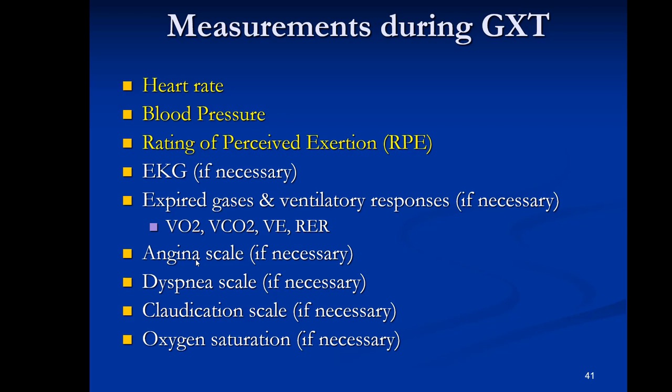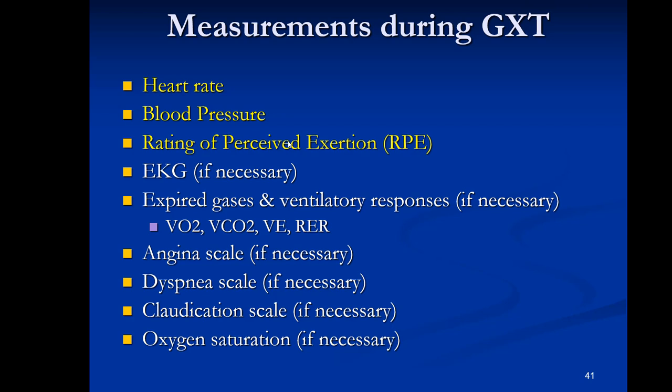So measurements you would take during an exercise test, there's the big 3, or I should actually call it the big 4, that no matter what situation you're in, you should always assess. So that would be heart rate, blood pressure, and something called RPE, rating of perceived exertion. And I like the 6 to 20 scale, which I'll show you.